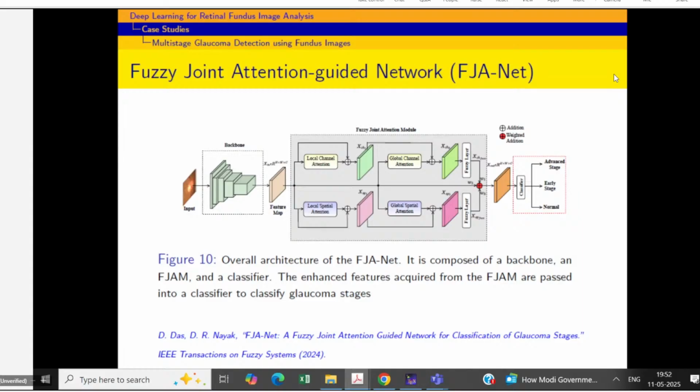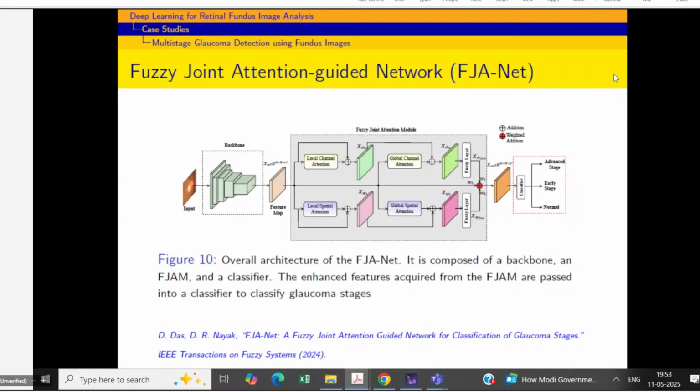That ambiguous information creates confusion in the networks, and it leads to misclassifications among the stages. So you need an architecture which will remove this uncertainty and ambiguity present in these fundus images.